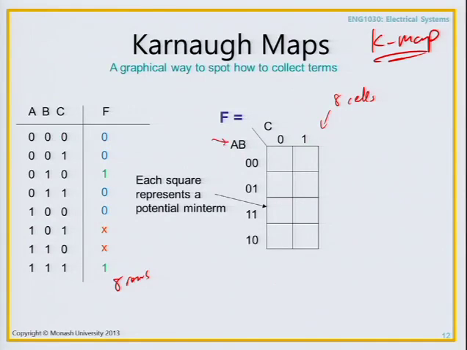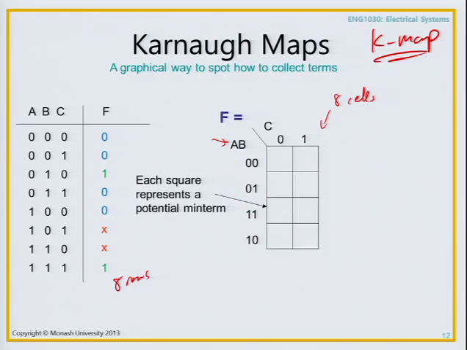Over here, for the rows, I've decided these represent the variables A, B. This first row represents A equals 0, B equals 0. This second row represents A equals 0, B equals 1. This third row represents A equals 1 and B equals 1. And this fourth row represents A equals 1, B equals 0. Is that clear?